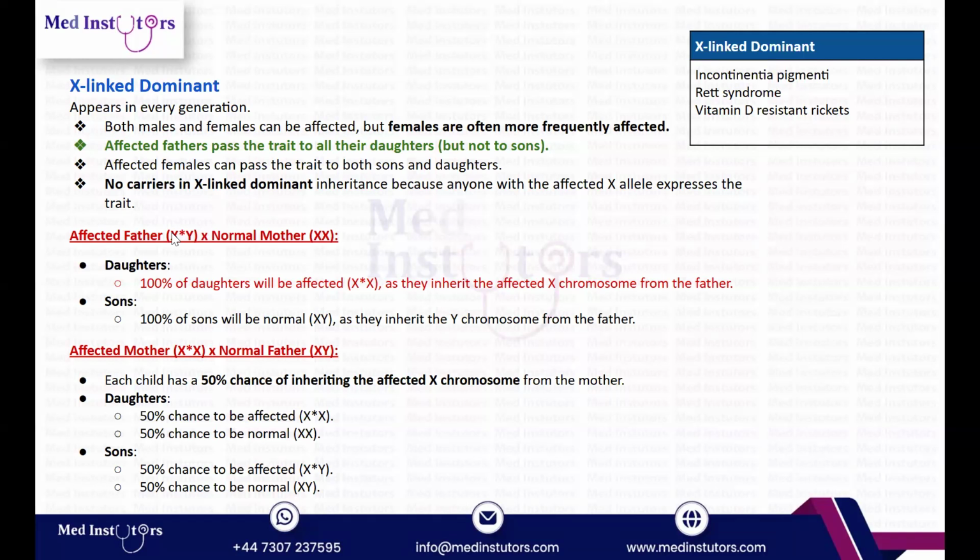Since it's a dominant condition, one allele is enough, and the father has just one X chromosome, which he passes on to the daughters. So definitely 100% of daughters will be affected. When we talk about the sons, 100% of sons will be normal because they inherit the Y chromosome from the father. Is everyone clear about this point?